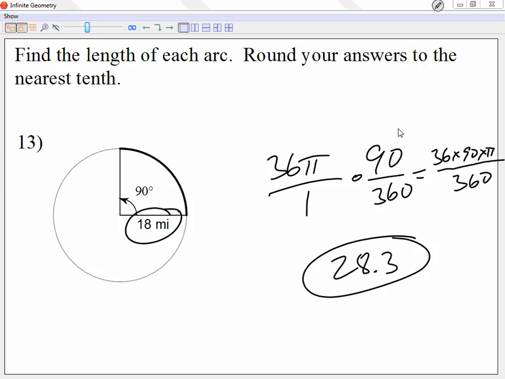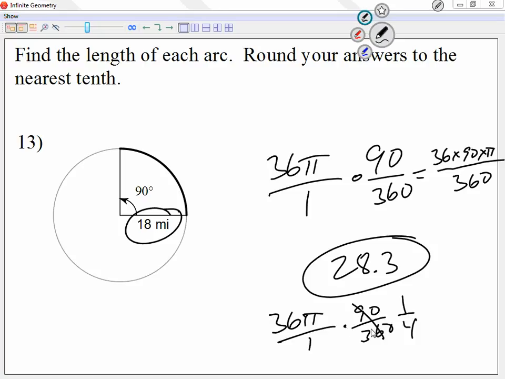So 28.3. If you were the type of person who wanted to simplify this, you went 36 pi times 90 over 360, which is 1 over 4, which becomes 9 pi, because the 4 and the 36 became 1 and 9. So you have 9 pi, then you go 9 times pi, which gives you 28.3.